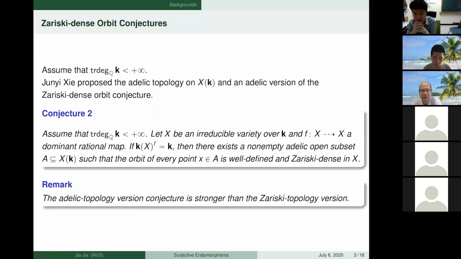Sorry, excuse me. May I ask a question? Yeah. So since you did not define the adelic topology, may I ask what is the adelic topology on P1 over Q bar? What are the open sets?